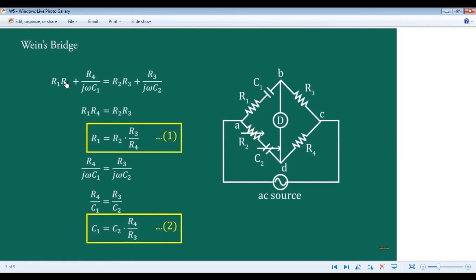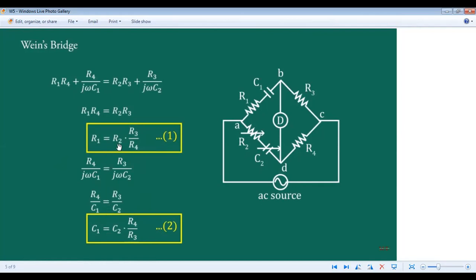If we distinguish between the real part and the imaginary part, the real part is there, and if we compare the imaginary parts, we get equation number 2, that is C1 equals C2 times R4 by R3. By comparing both the bridges, we find these two equations.